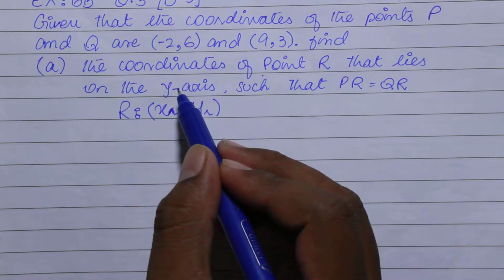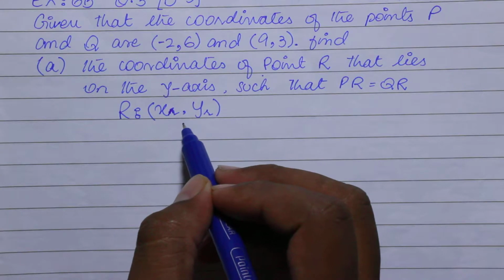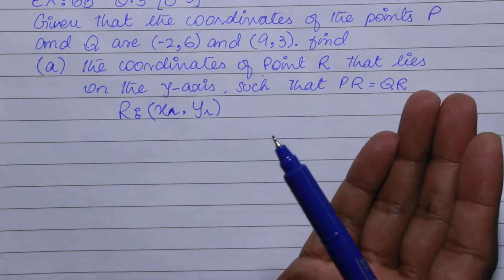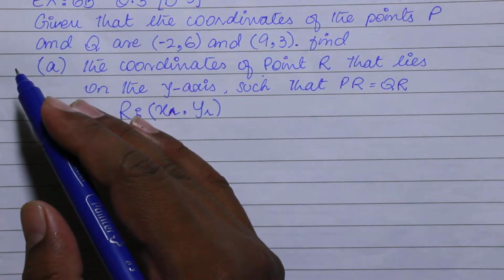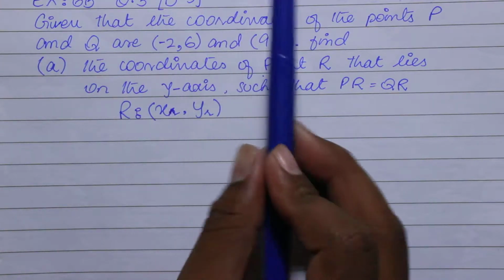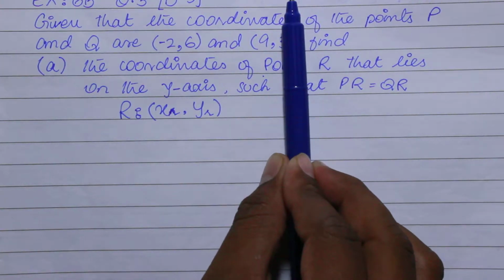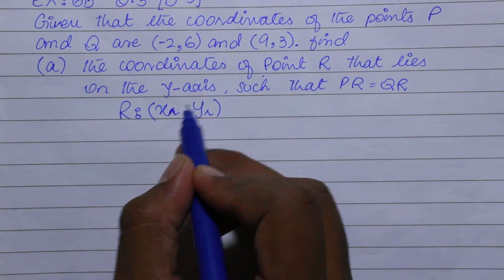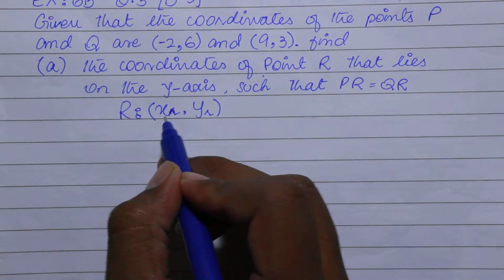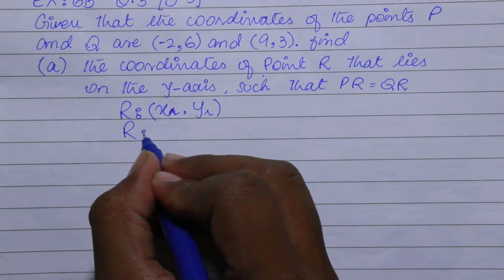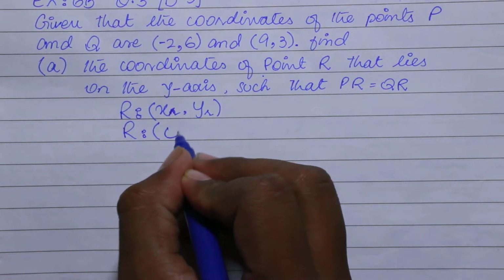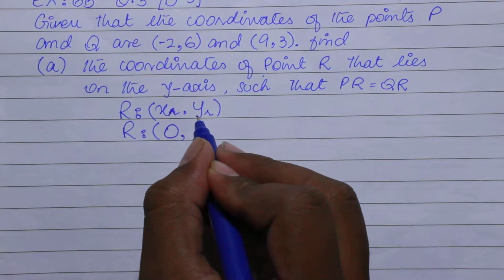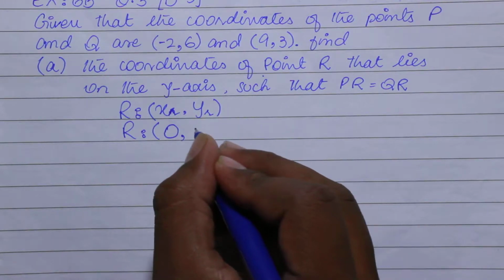This is on the y-axis, which means it is not on the right hand of the x-axis and not on the left hand of the x-axis. It is on the origin line, so its x coordinate will be 0. So the x coordinate of R is 0 and we don't know the y coordinate, so we will take y.